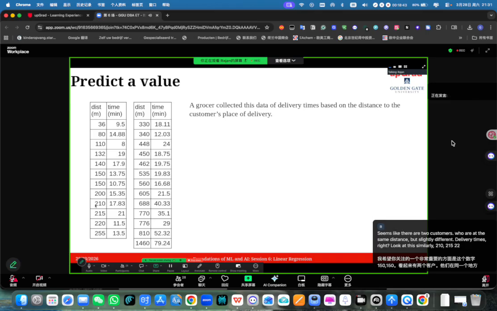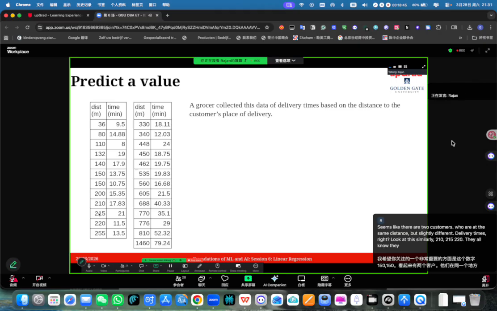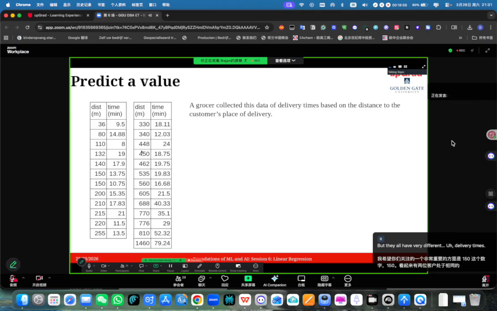They are all within 10, 215 and 210, just 5 units difference. 215 and 220, only 5 units difference. But they all have very different delivery times. Same here, 448, 450, practically the same numbers, but different delivery times.